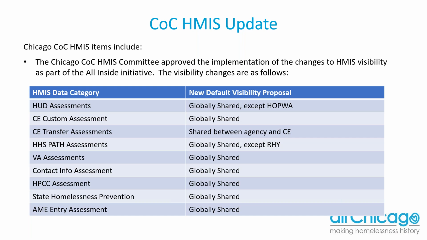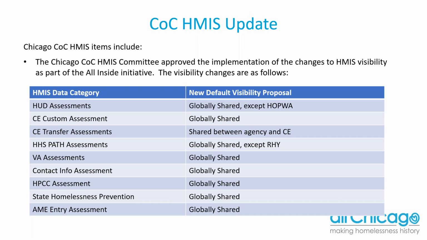Erica has a question. Will we have access to pull this data in business objects? So the way that visibility works is that when you run a business objects report, the data that's available to you to include in the report is based on the visibility that you have as a user and the visibility that the client data has as part of this setup.